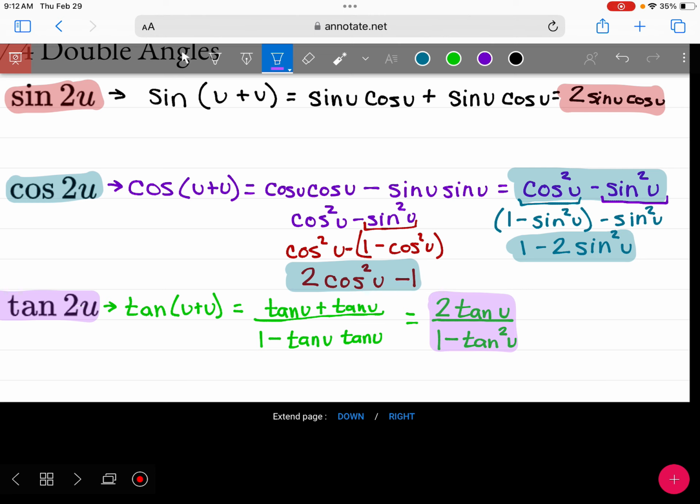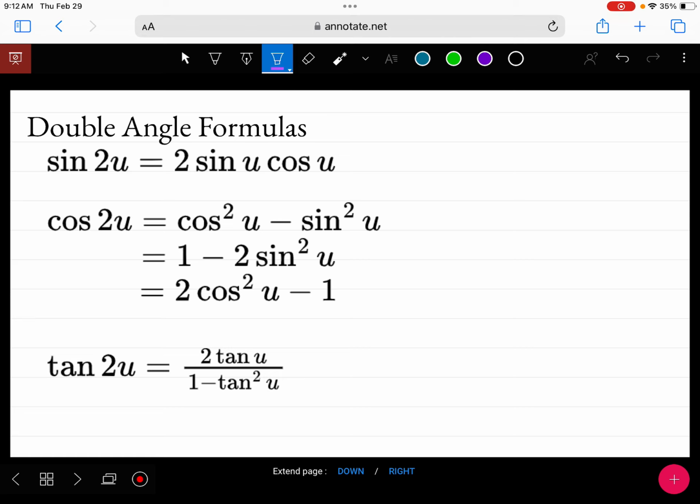Okay, so these are the double angle formulas. If you Google double angle formulas, these are them. We just found them and built them. In the book, they have them all typed out, all prettified. I'm going to show them to you, but you just wrote them down. So if you like them slightly more organized, feel free. These are what we just found.